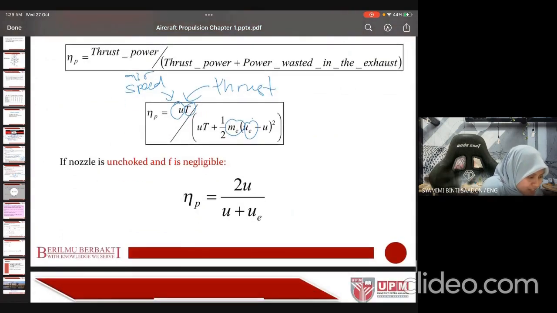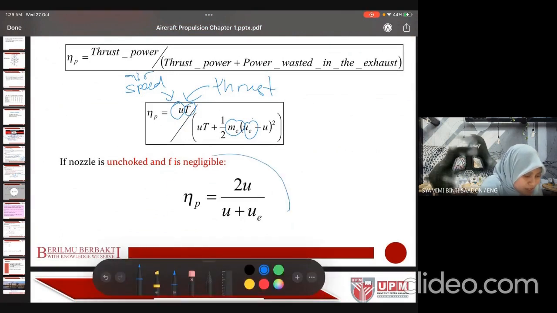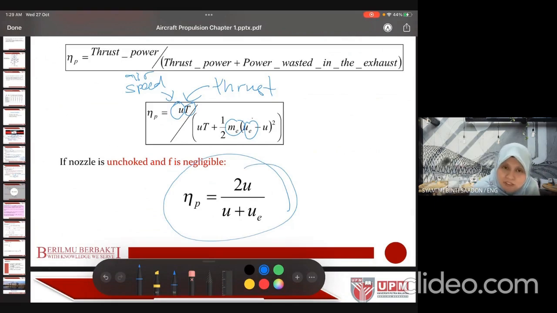In the ideal case, if the nozzle is unchoked and F is negligible, then we can use this simplified propulsive efficiency. F is the fuel to air ratio, which is written as MF over MA.